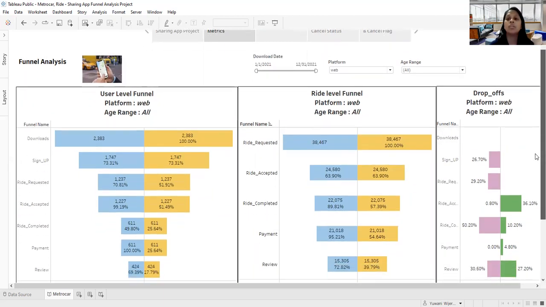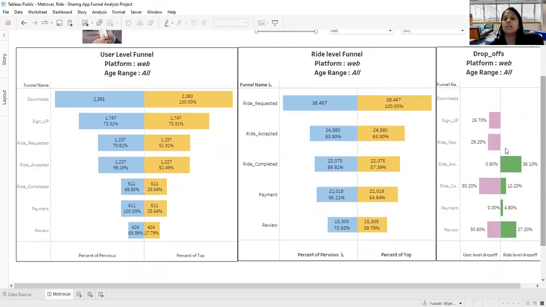To show specific drop-offs for the user level funnel, the drop-offs can be seen in this purple bar chart, and for the ride level, the specific drop-offs can be displayed in this green bar chart.